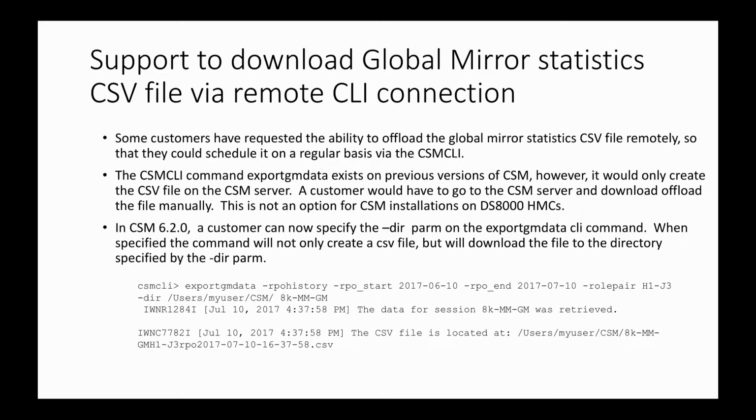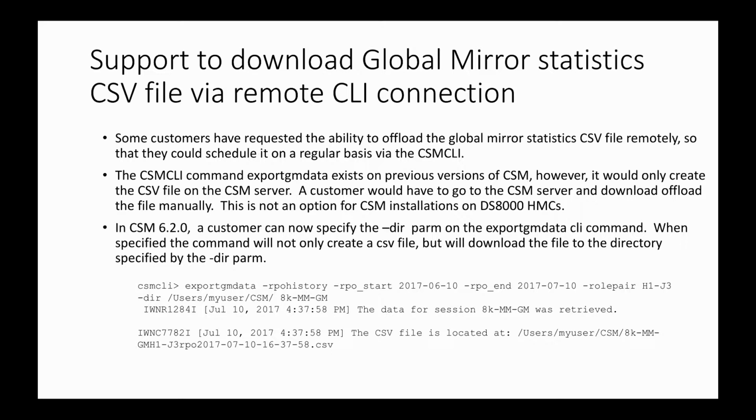Well, if you're running CSM on the HMC, you can't get to it because you can't get to the operating system. Another case is where customers wanted to script the extraction, so they have a remote server. They wanted to use the CLI to, on a regular basis, on some schedule, invoke it and extract it so that they could look at the data. And so we're hoping this covers both those cases now.